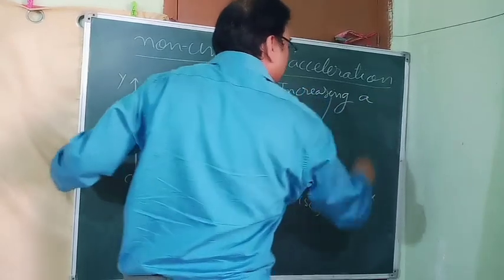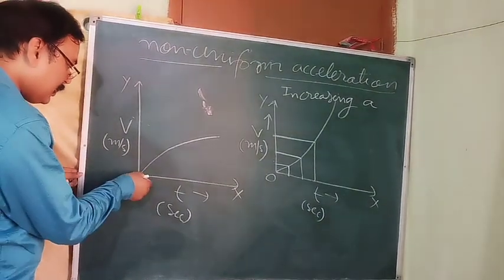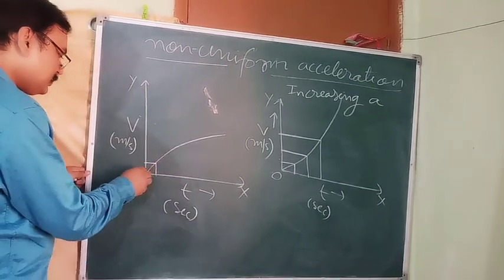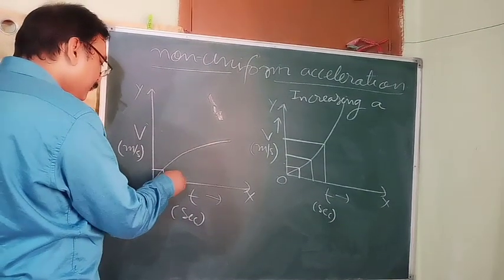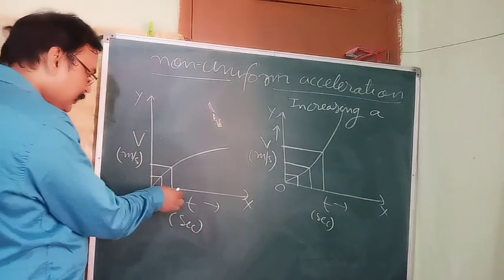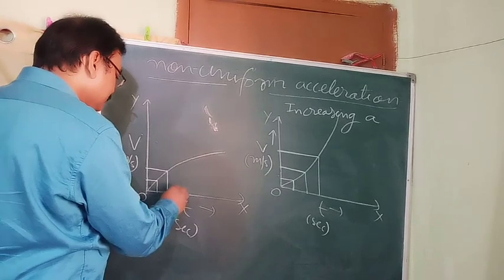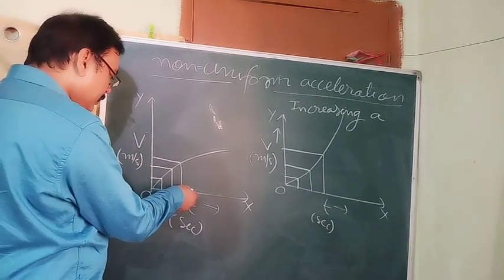Increasing A, where A means acceleration. And what about here? See, you take a particular time interval. In that time interval, this is the change in velocity. Now we take the next equal time interval, and the change in velocity is this much. You take the next equal time interval, and the change in velocity is this much. You take the other equal time interval.